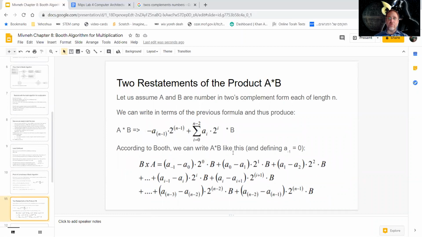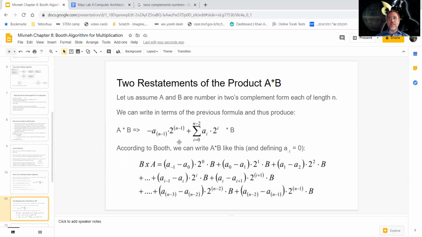So we can rewrite Booth like this. B times A. Now this is true. We've sort of proven, we haven't really proven, but we've demonstrated this is true. And this is also going to be true. I'm just showing you where we're going. If I can show you that this whole bloody mess is the same as this, then I've proven what I wanted to prove.